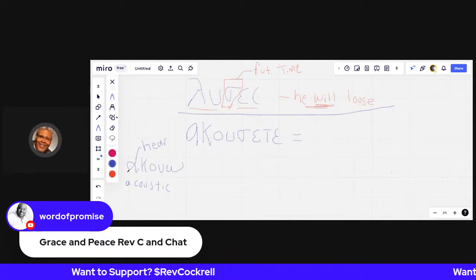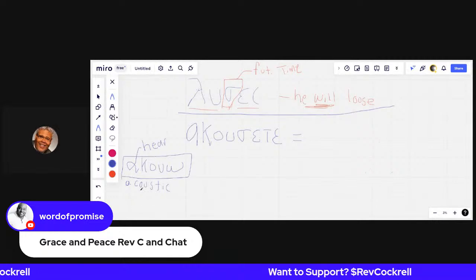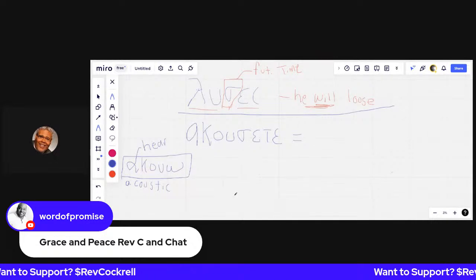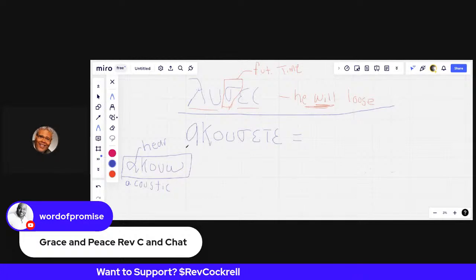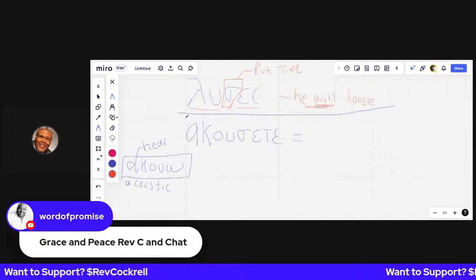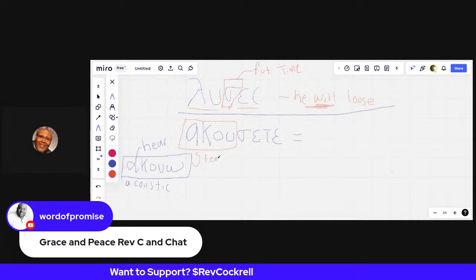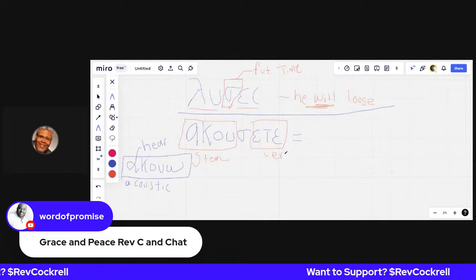So notice akuo is in the present tense. This is how you're going to find it in the dictionary. So as I walk us through this, here is our stem. Ete. Oh, I know that. That's my ending.